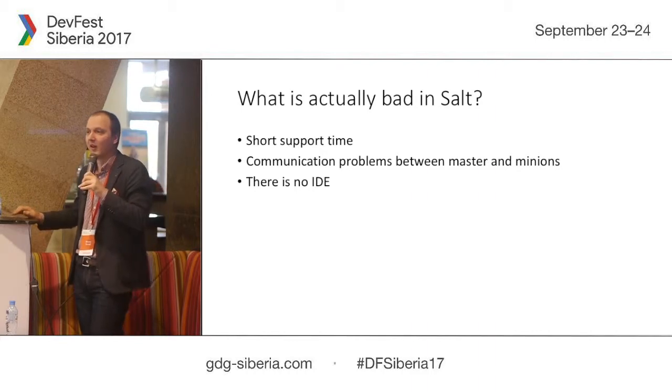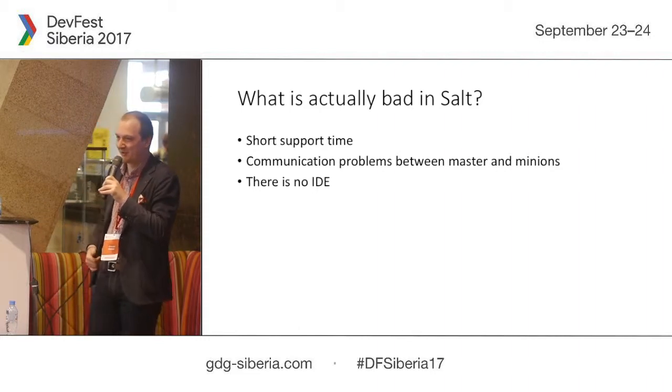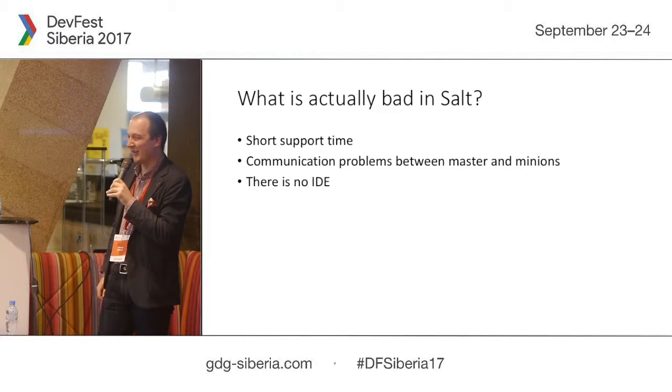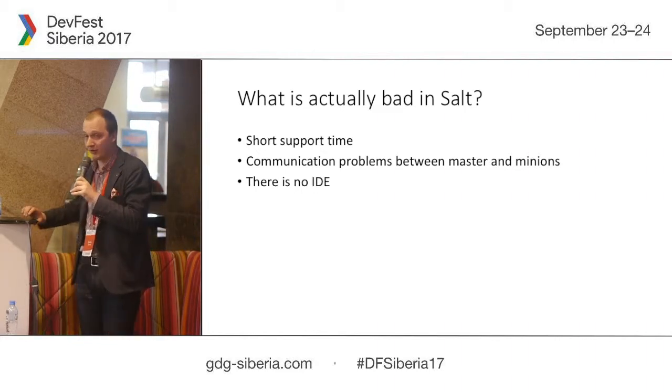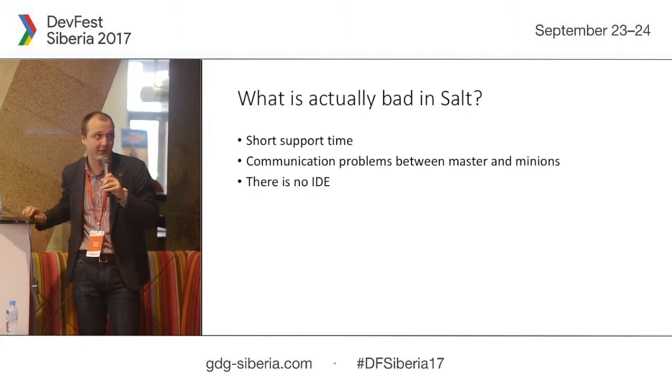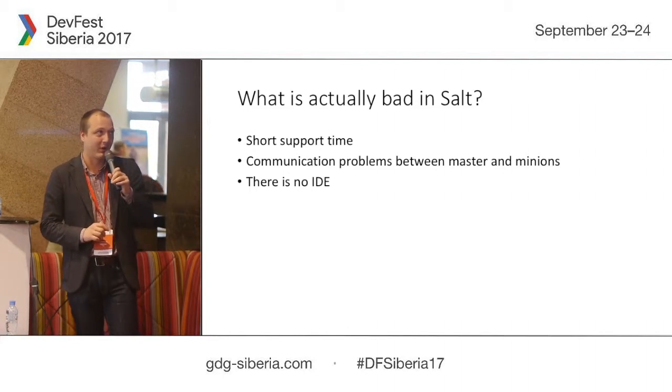To show you why it is bad to use pillar to configure your data, I can show you this file, which will be rendered in nginx configuration. Well, it looks simple at first sight, because it's only one macro.